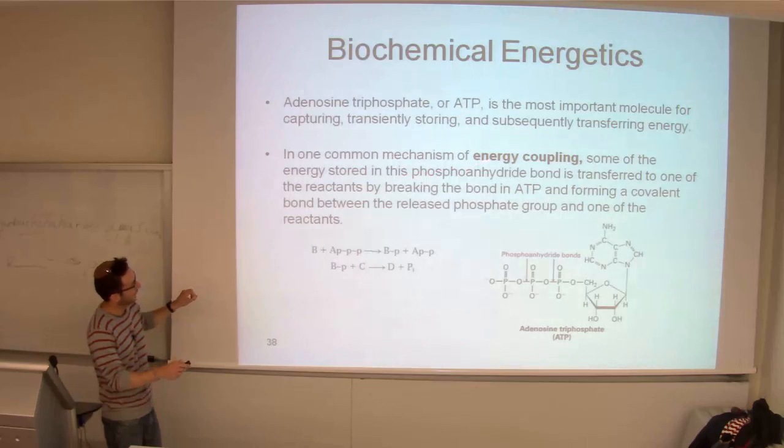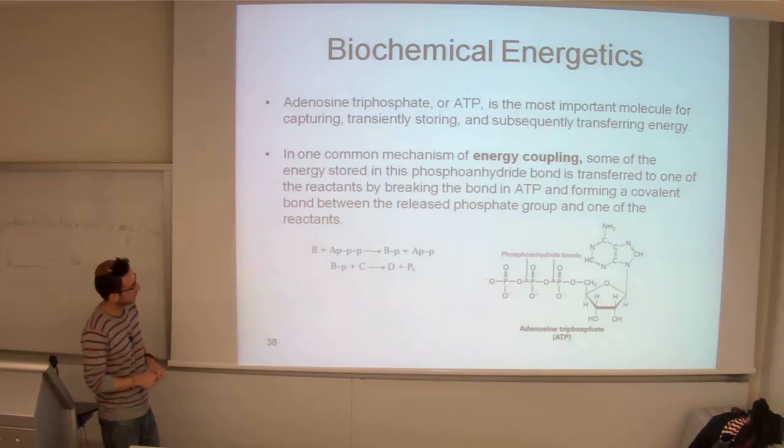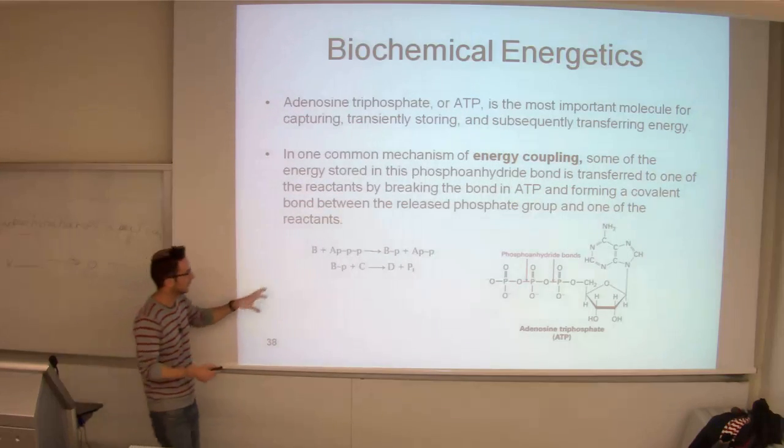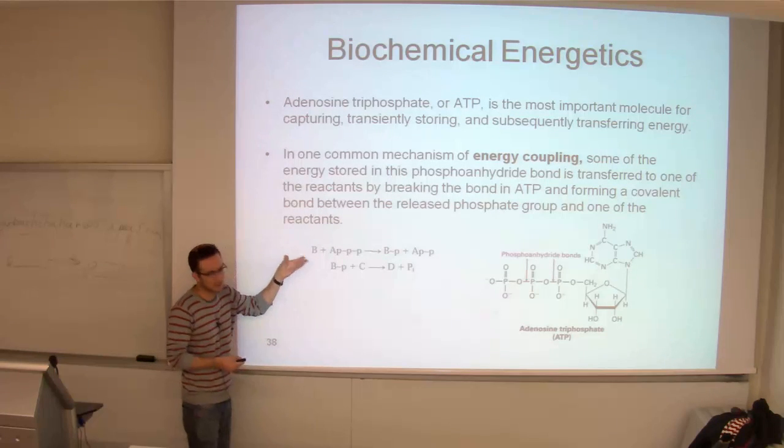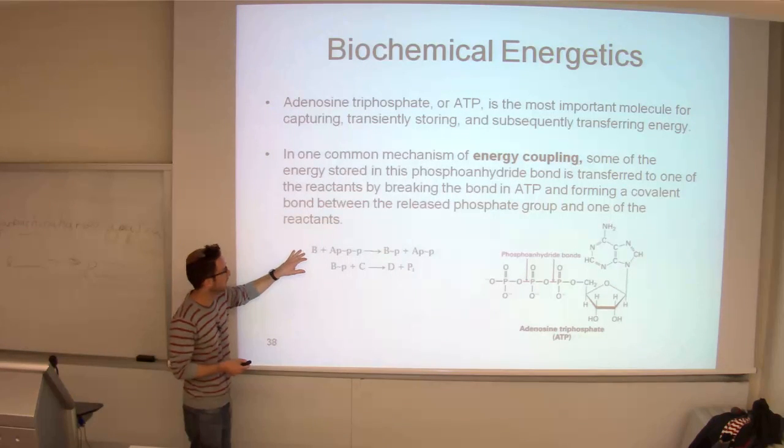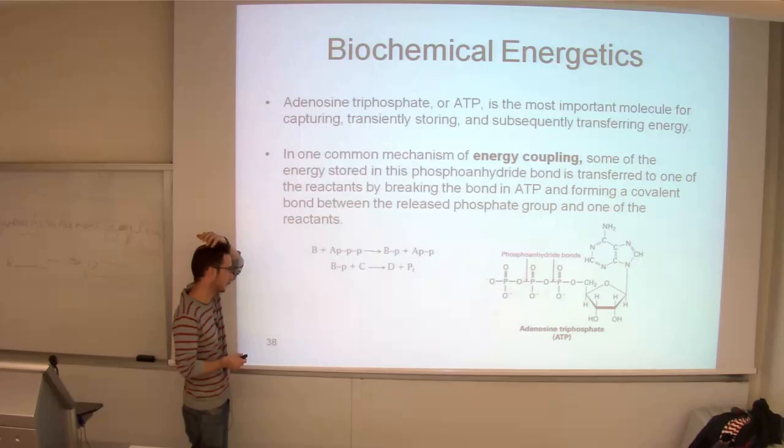So the most common mechanism of energy coupling is phosphorylation, which I just described, which is the transfer of one of the phosphate groups to another protein. So let's look at this process, the principal schematic representation of it right here in these chemical equations.